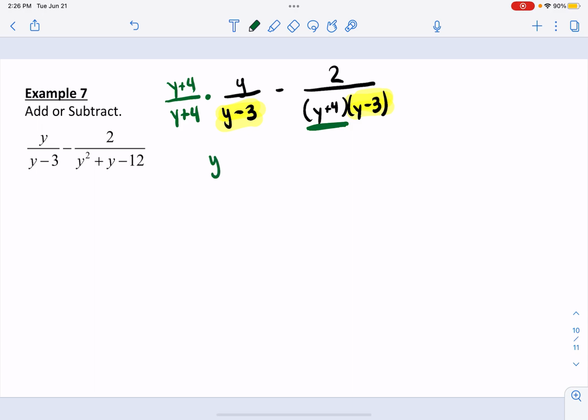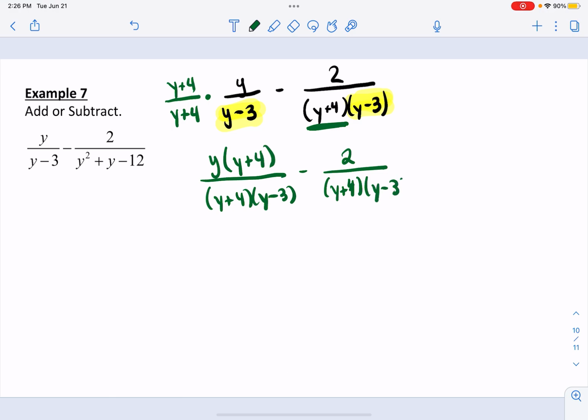So then I end up with y times y plus 4, over y plus 4, y minus 3, minus 2 times y plus 4, over y minus 3. So then I'm going to distribute. I have a y squared minus a 4y.